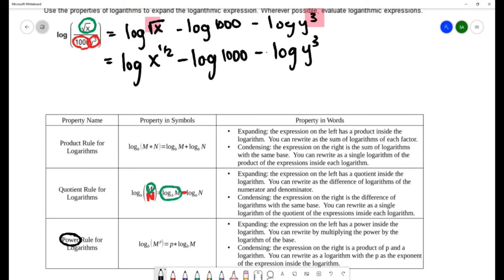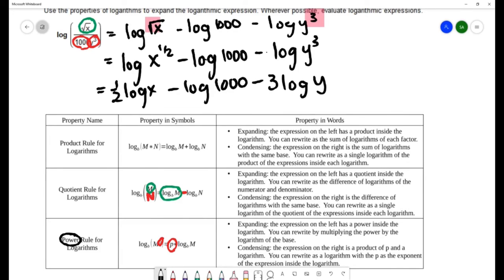So with the power rule, we take that power and it becomes the coefficient on the log. So we can write this as 1/2 log x minus log 1000 minus 3 log of y. So we took that 1/2 power and moved it to become the coefficient of the log. We took that 3 and made it the coefficient of the log.